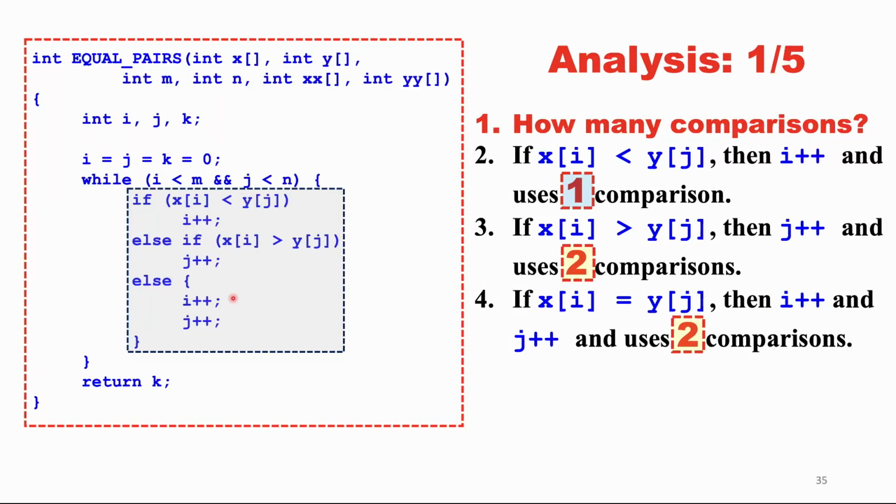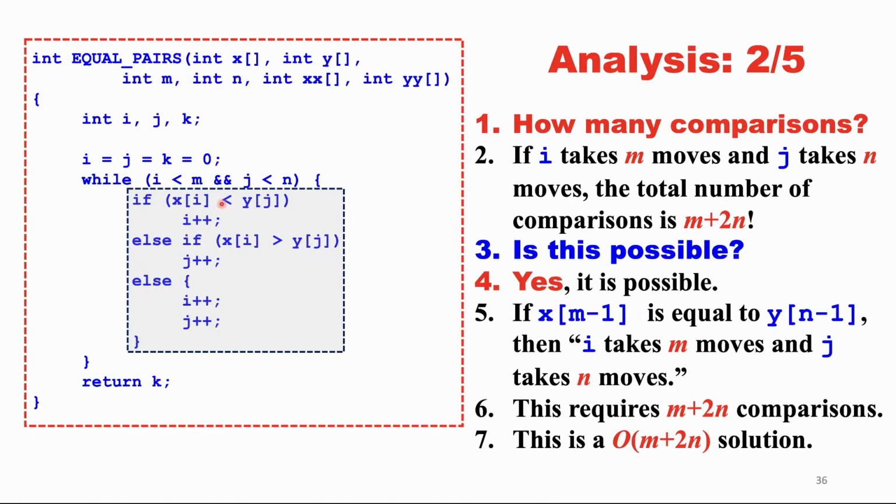So each iteration will use a maximum of 2 comparisons and a minimum of 1 comparison. Of course, i could take m moves, and j could take n moves. For each move of i, we need 1 comparison. For each j move, we need 2 comparisons. Therefore, the total number of comparisons would be m needed by i and 2n needed by j.